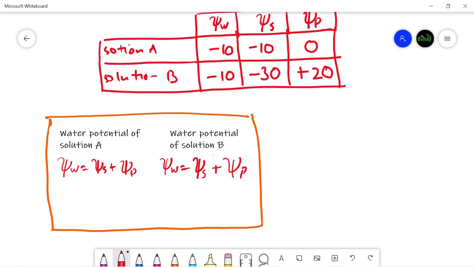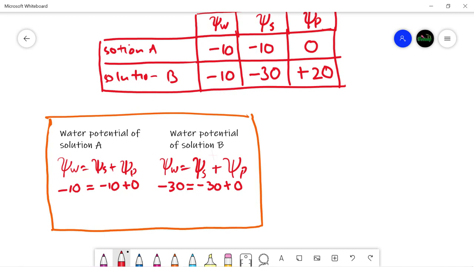In solution A, water potential is minus 10, and solute potential is also minus 10 bars, whereas pressure potential is 0. As far as solution B is concerned, water potential is minus 30 and solute potential is also minus 30, whereas the pressure potential is 0.